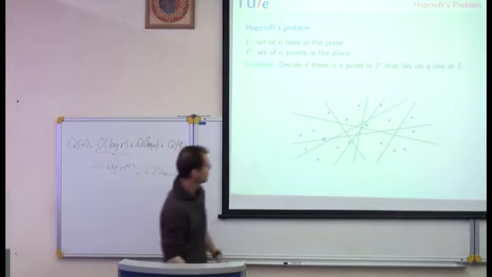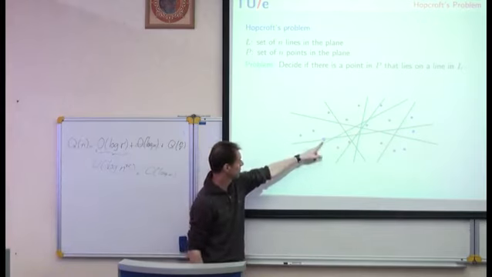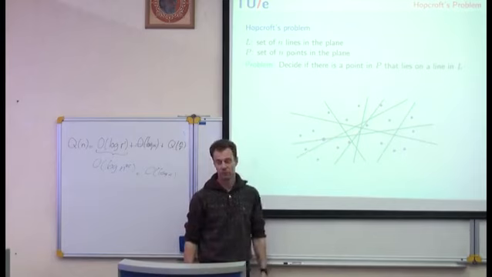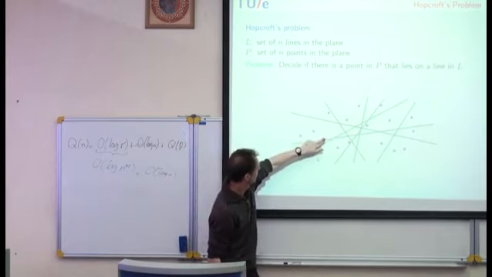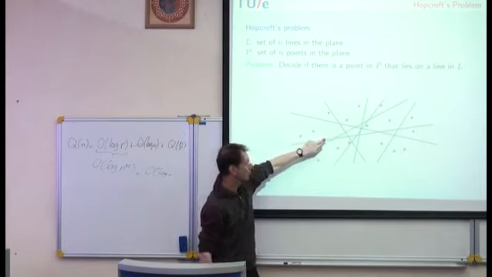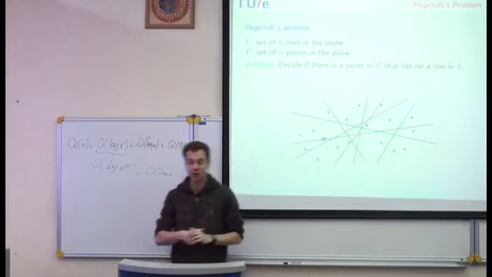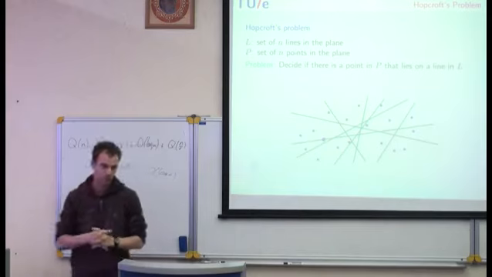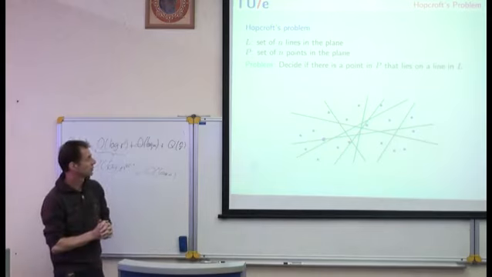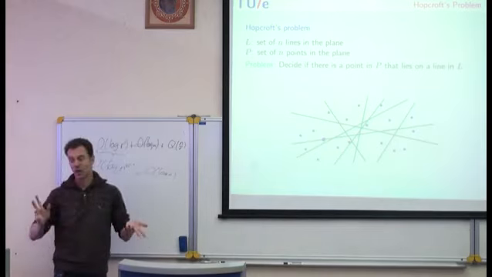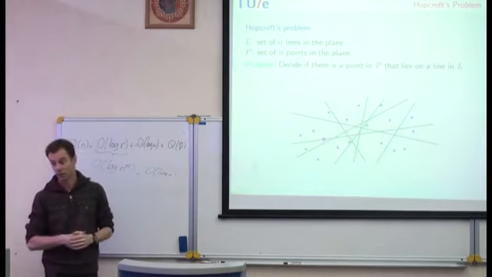In this case, the answer is yes, because I have this point on this line. But if this point would not be there, then the answer would be no, because none of the points lies on any of the lines. The big question is, how quickly can we do this?